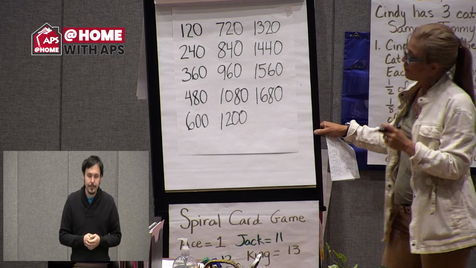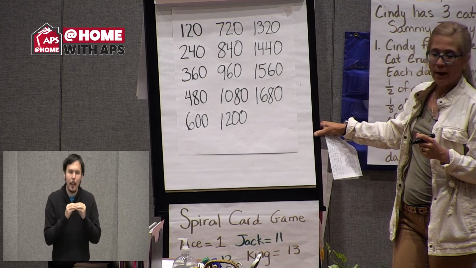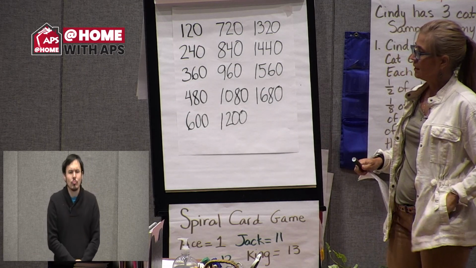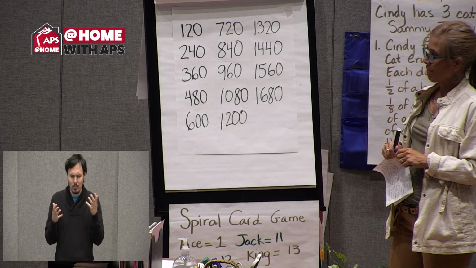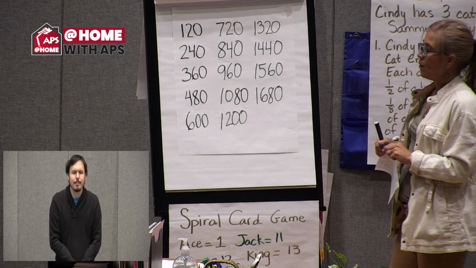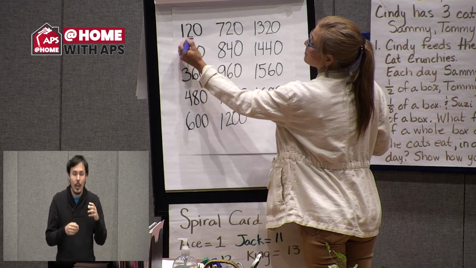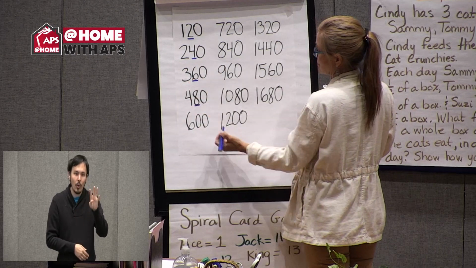Okay, let's think about it. I'm going to give you just a minute to look at these numbers here and see what patterns you see in these numbers. What patterns do you see? Well, one of the patterns that I see is in the tens place. 2, 4, 6, 8.